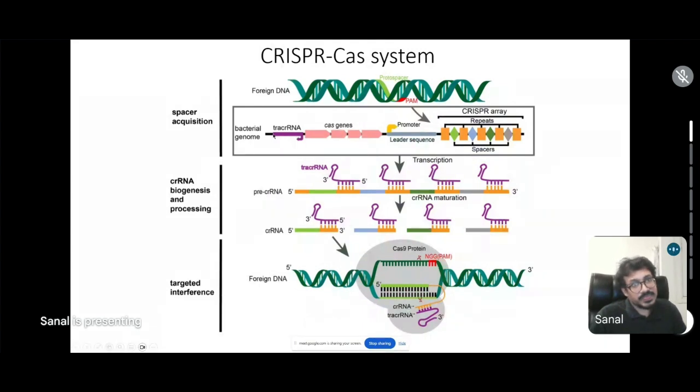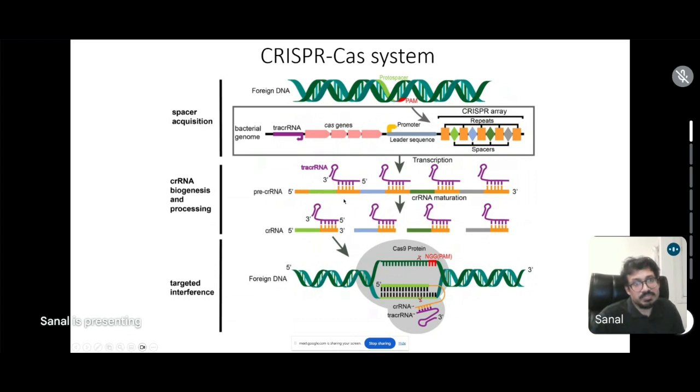Can you see a tracer RNA? In this slide, you can see a tracer RNA. This tracer RNA is very much required for the maturation of the pre-CRRNA to the CRRNA.